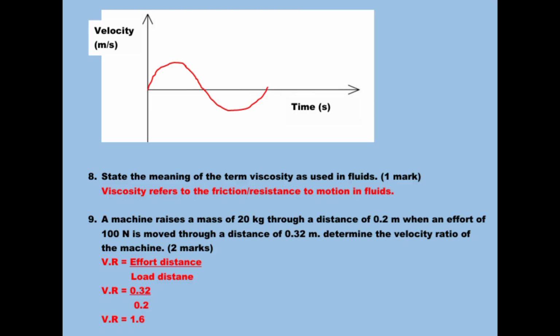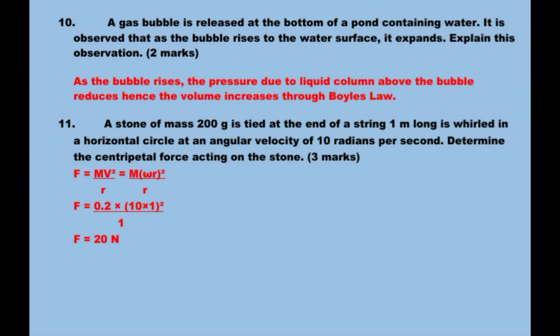So we know velocity ratio is given by effort distance divided by the load distance. So that is simply to mean 0.32 meters divided by 0.2 meters, which gives you 1.6.